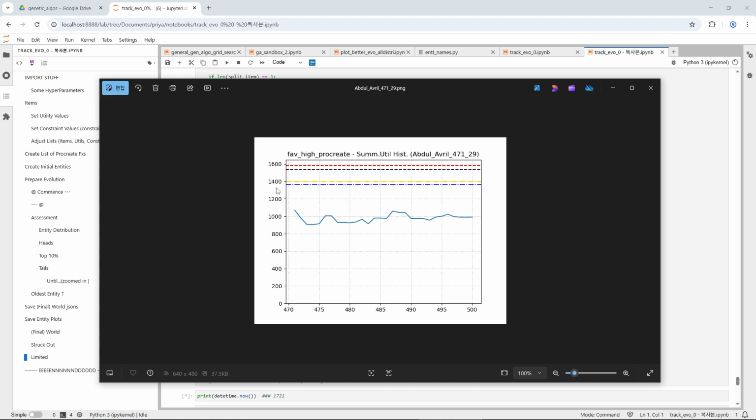Some entities do show this pattern, or they just stay and go in a horizontal manner, but a lot more of them just slope downwards.